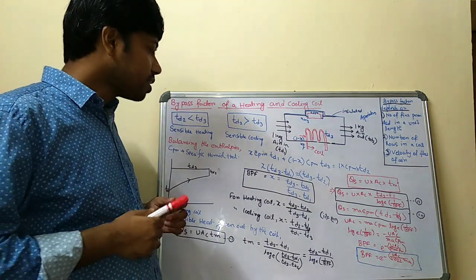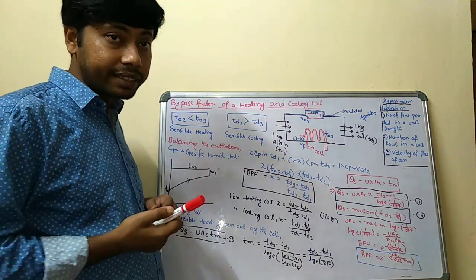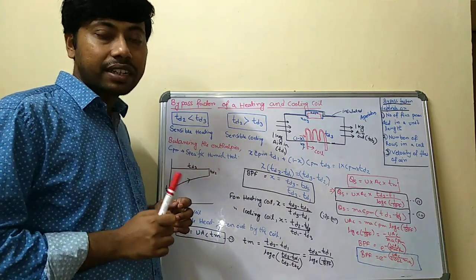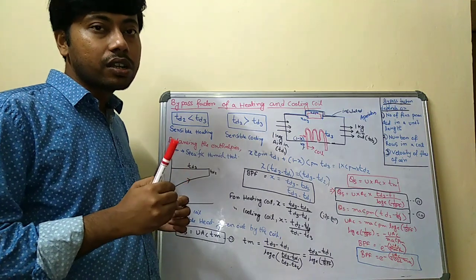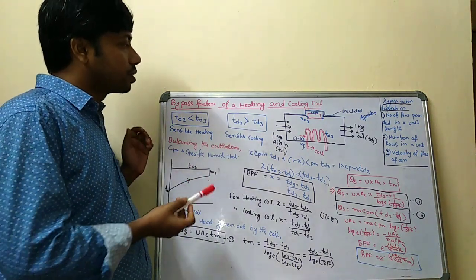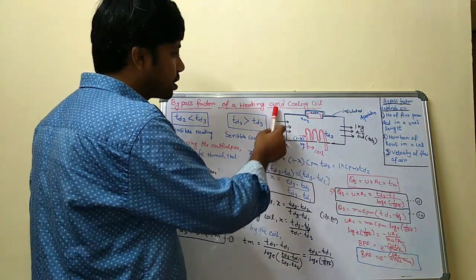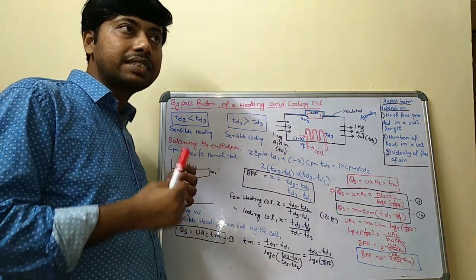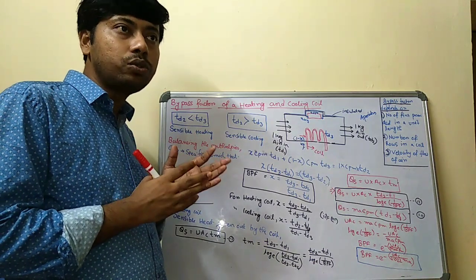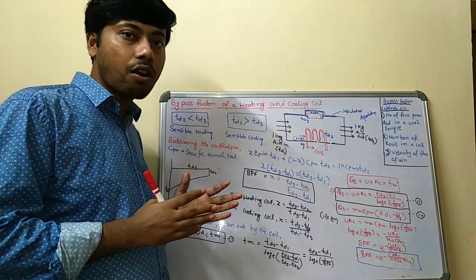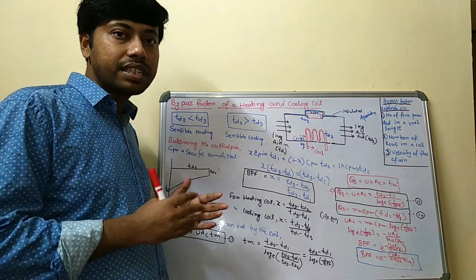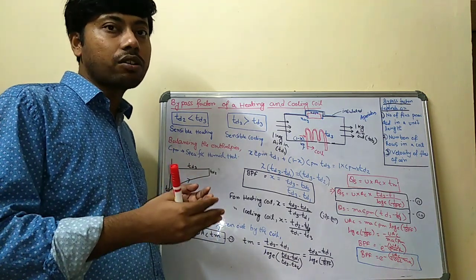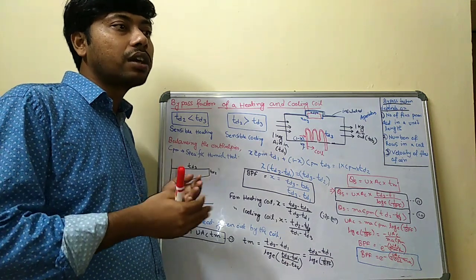Now, what is the main reason behind this? That reason is the bypass factor. Bypass factor is the main reason for this. So suppose this is the arrangement. Now, what is bypass factor? As the name suggests, there is some fraction of air that bypasses, which is not directly in contact with the coil.